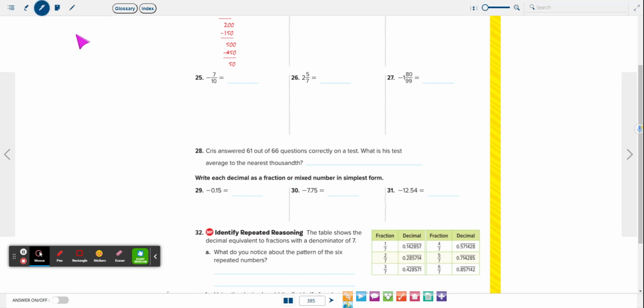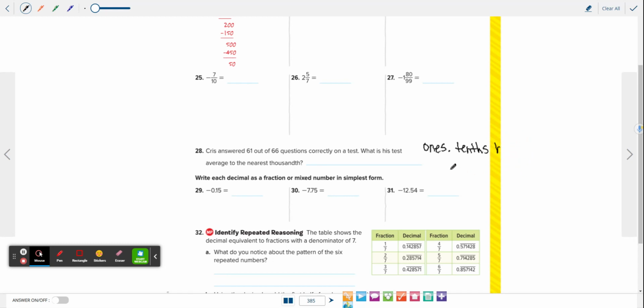So if you remember on those, our place value is, I don't know where I can write here. We have the ones for the whole number. Then we have tenths, hundredths, and then thousandths would be here.